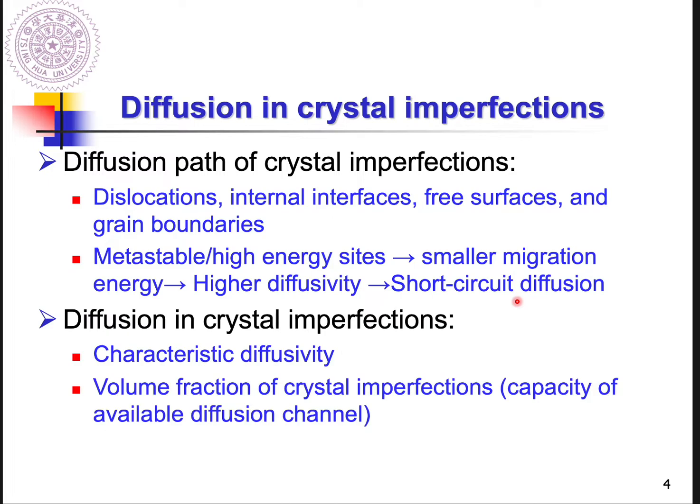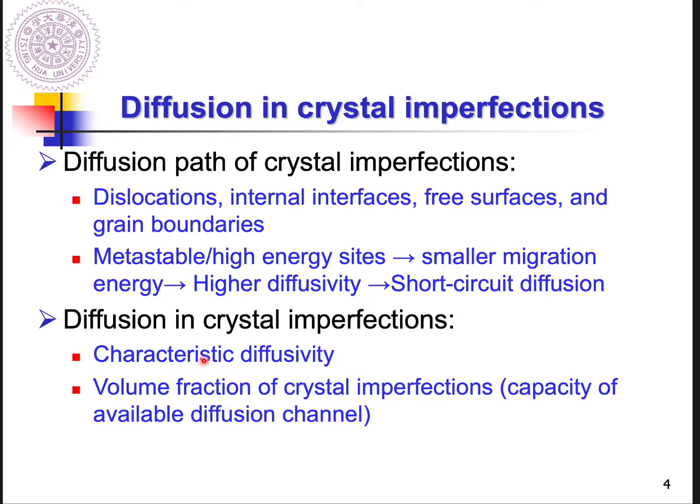Okay, so then we are going to talk about diffusion in crystal imperfections. We are going to show you the term which we call characteristic diffusivity. What's a characteristic diffusivity? When we talk about diffusion in crystal imperfections, you need to know some definitions for some special terms.